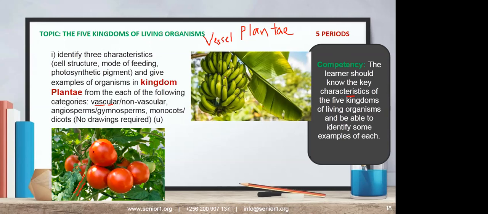So when they looked at these plants, they saw that some plants have those vessels, phloem and xylem, so they call them vascular plants. But there are some plants that don't have those vessels. You can imagine, how do they transport water and food inside? We shall learn that in biology.